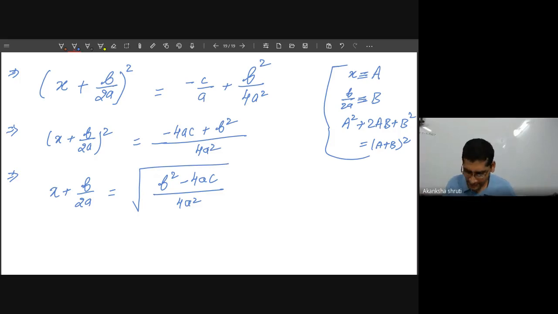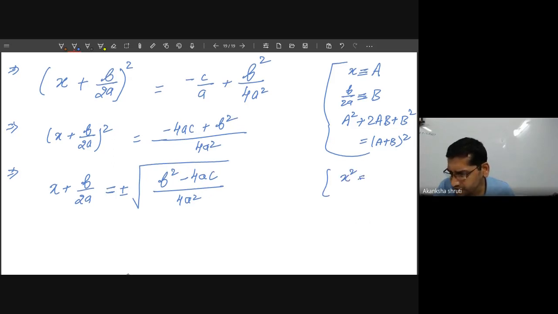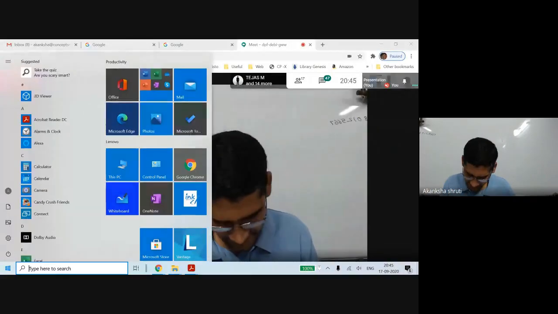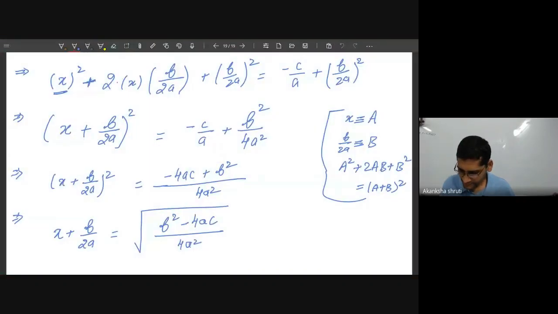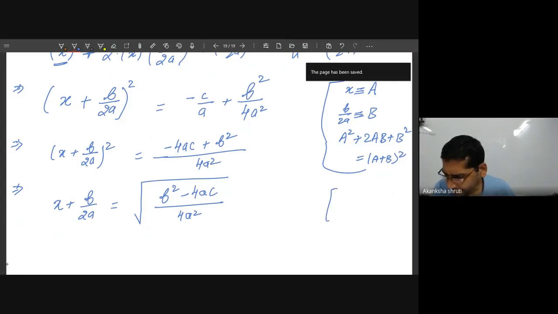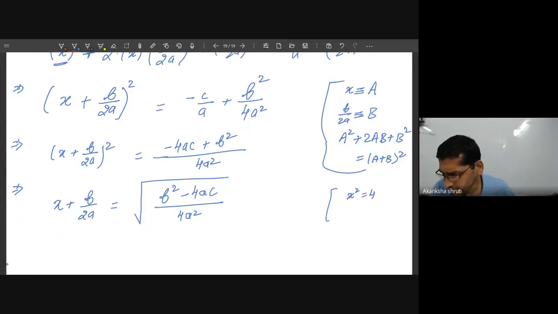But while converting into a square root, you have to place both signs, plus as well as minus, because we have learned that if x square is equal to, say, 4, then x is obtained by taking plus minus under root of 4.